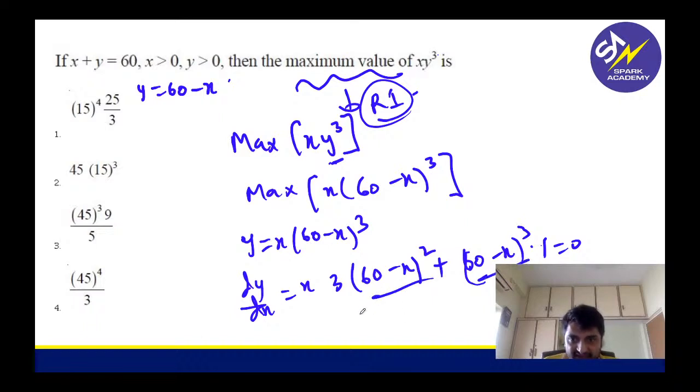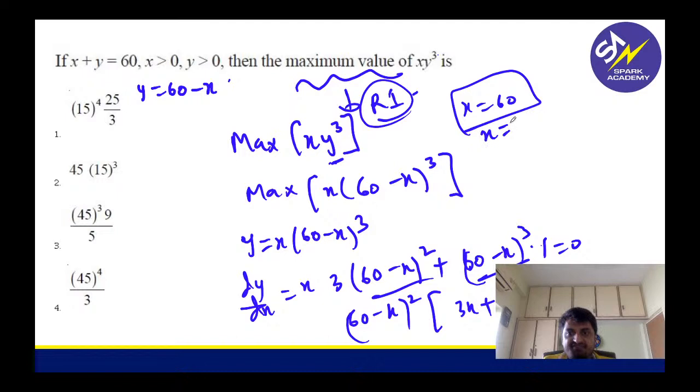So basically I can write 60 minus x whole square common. So I will get 3x plus 60 minus x equal to 0. So either I will get x 60 or I will get x as 15. Whatever it is, just substitute back in this. I think you will get your answer, guys. Just substitute, simplify, you will get your answer.